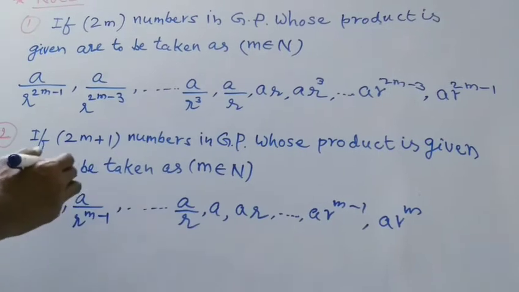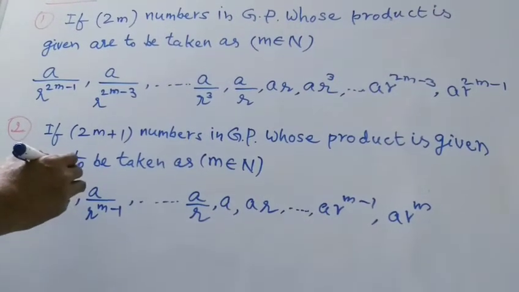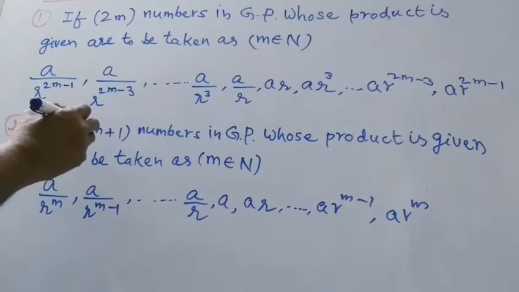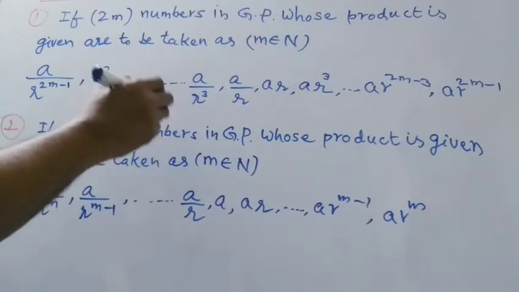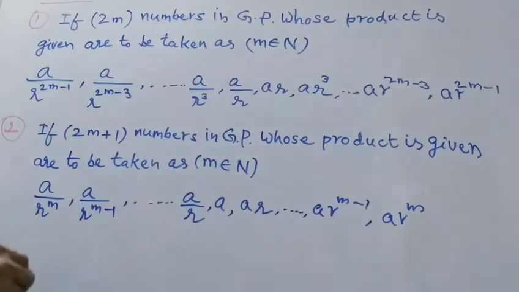These are the terms that can be taken when 2m plus 1 numbers are in geometric progression whose product is given.